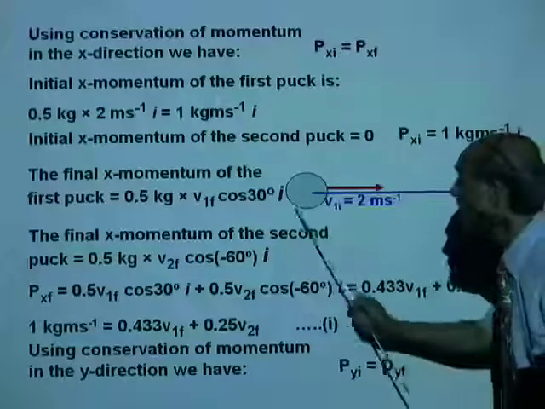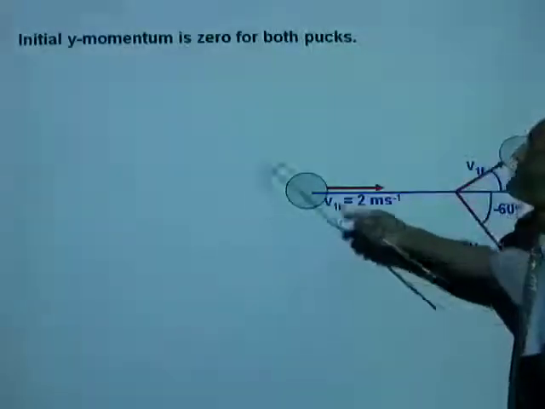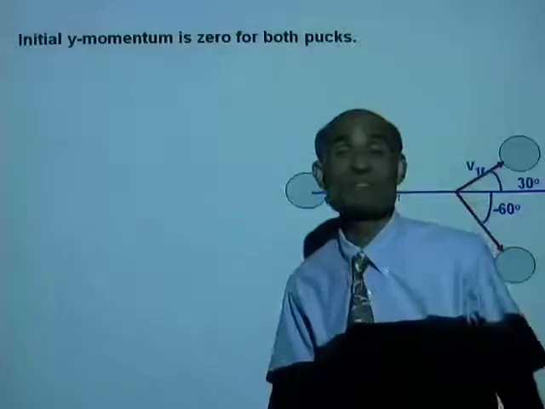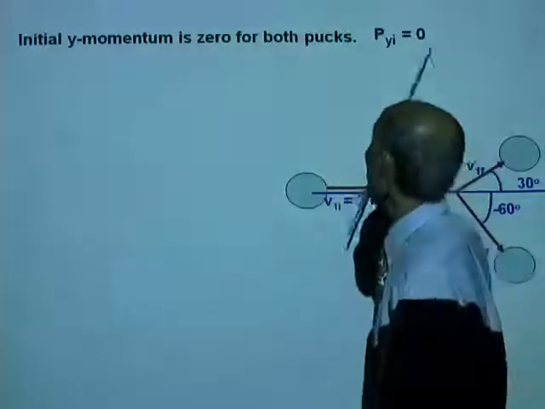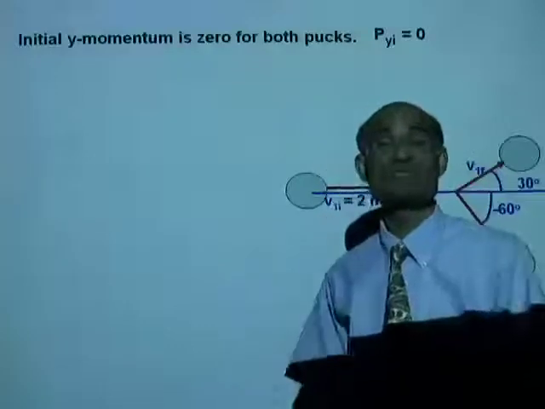Now tell me, what is the initial y momentum? Initial y momentum is 0 for both pucks. There is no y motion. So PYI equals 0.